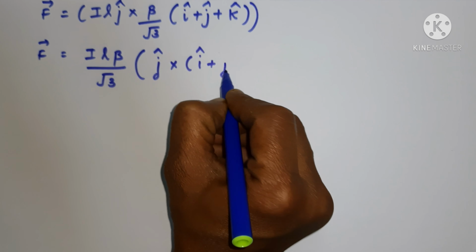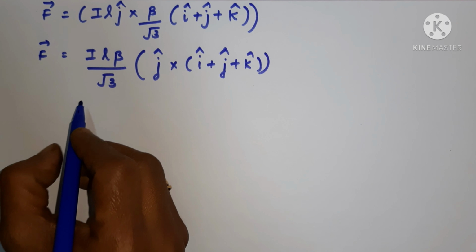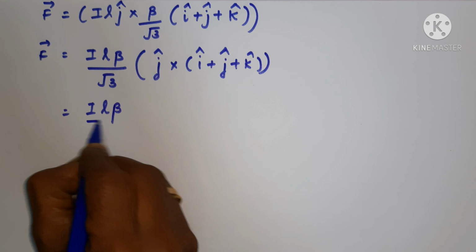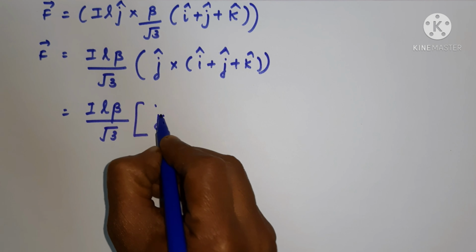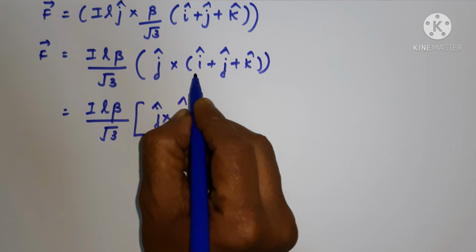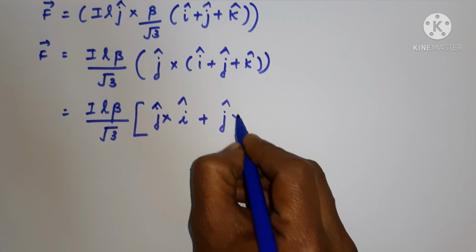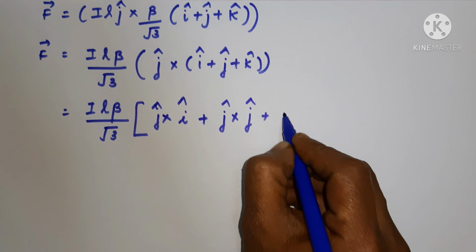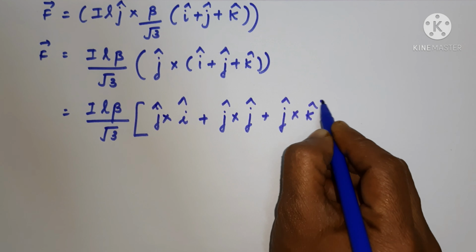i cap plus j cap plus k cap, which will be equal to I L beta divided by root 3 into j cap cross i cap plus j cap cross j cap plus j cap cross k cap.